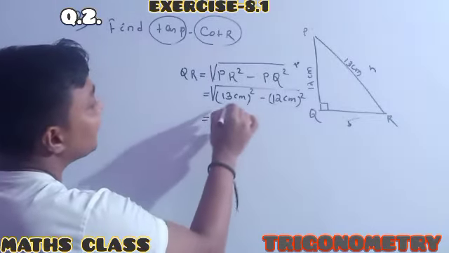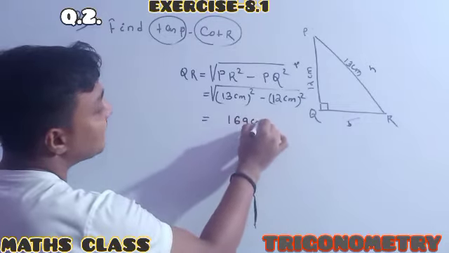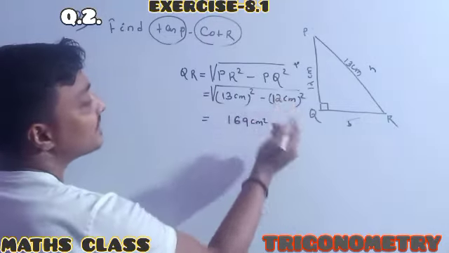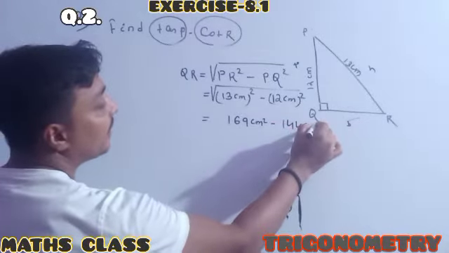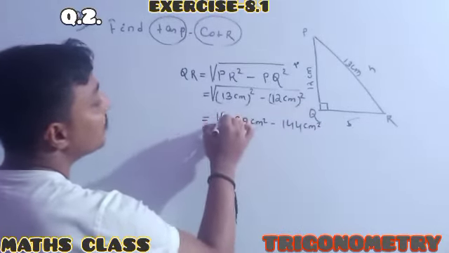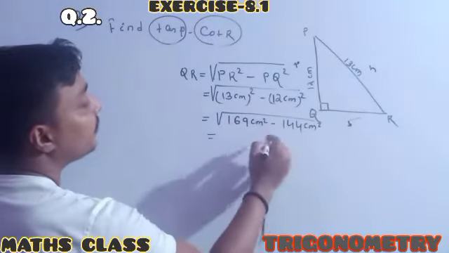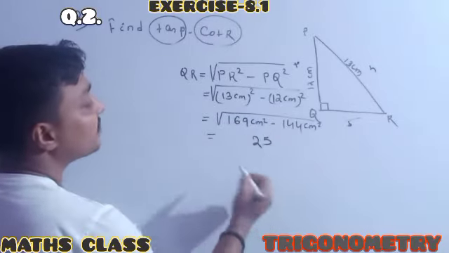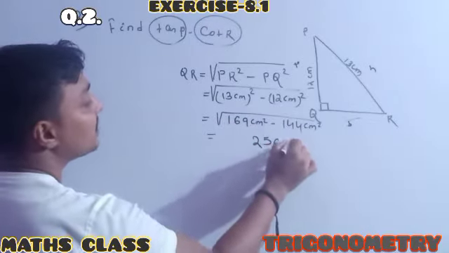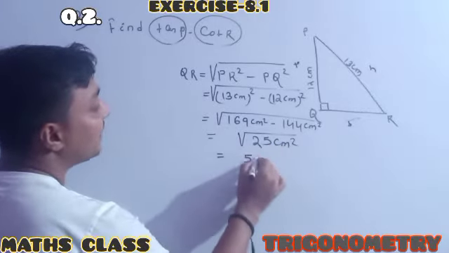Next, 13 centimeter squared is 169 centimeter square, and 12 centimeter squared is 144 centimeter square. Its root gives us: 9 minus 4 is 5, 6 minus 4 is 2, this much centimeter square, and finally we are getting 5 centimeter.